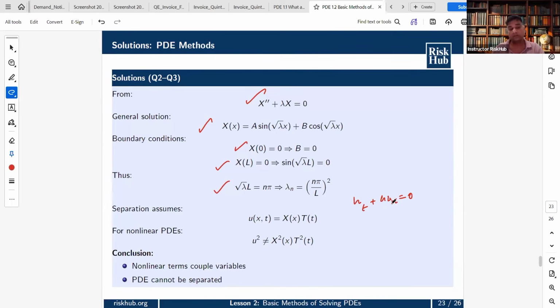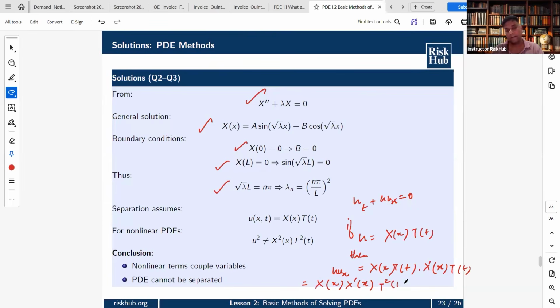If u is equal to X(x)T(t), then u_x is X'(x)T(t), and the equation becomes X squared T squared X T' plus X' T, right? Now the x part and t part are mixed in a more complicated way.